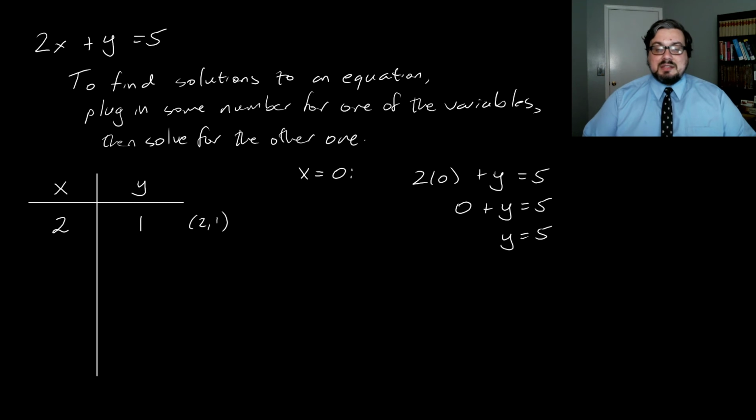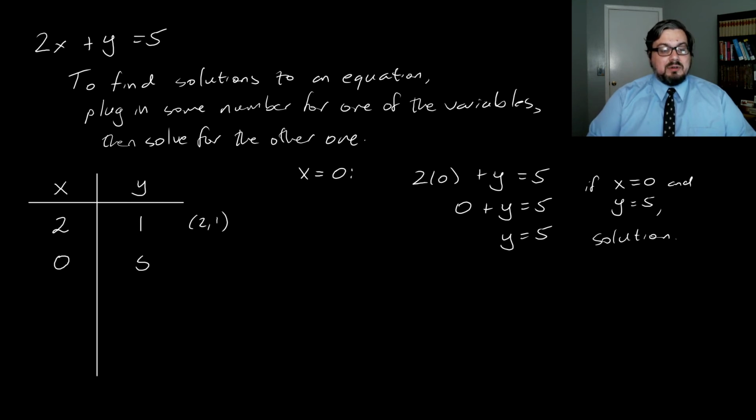So this tells us that if x equals 0 and y equals 5, we have a solution. In other words, when x is 0, y is 5, as long as the equation holds. So that gives us another solution, (0, 5).